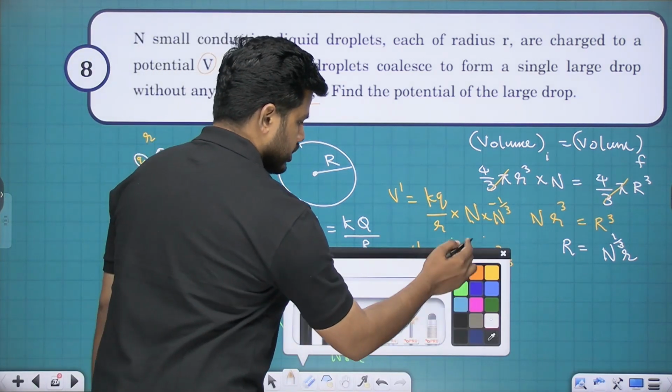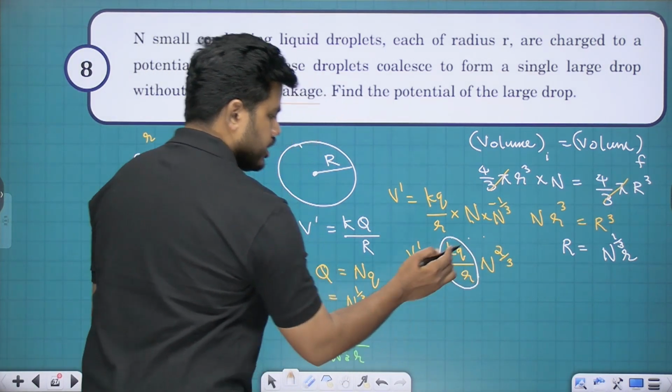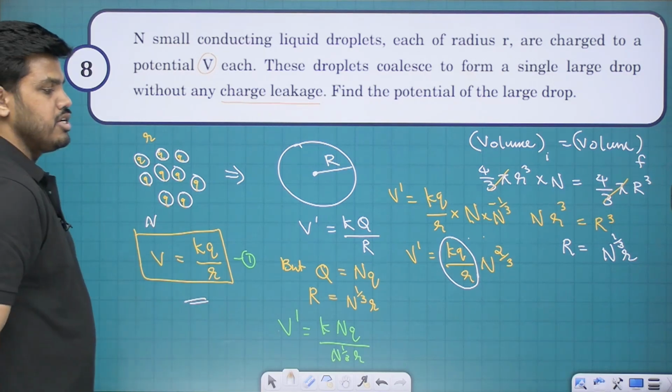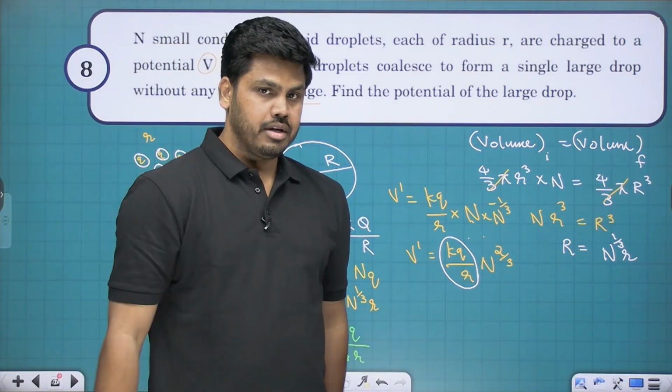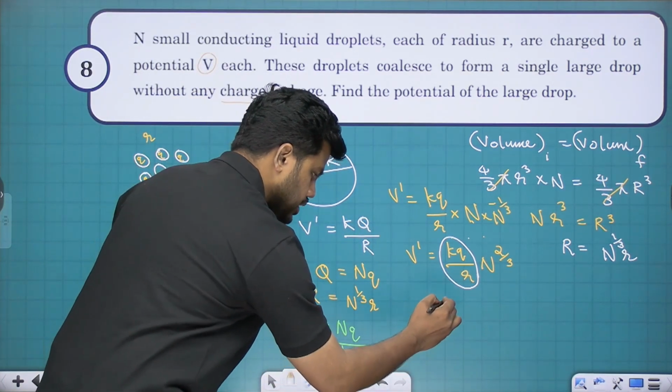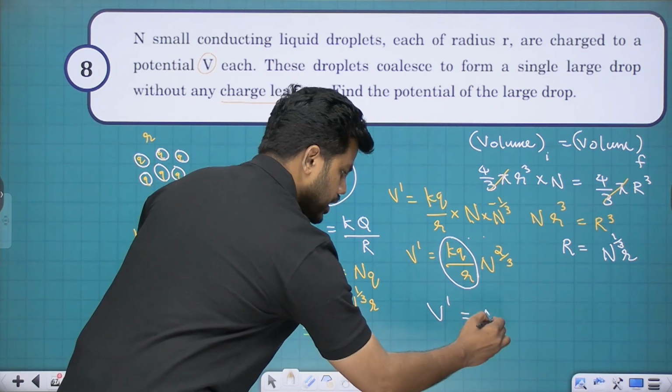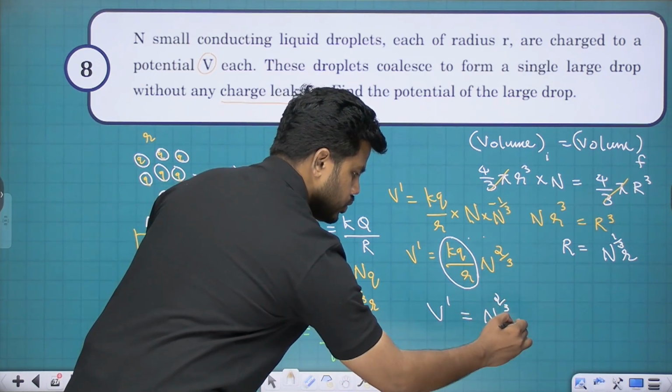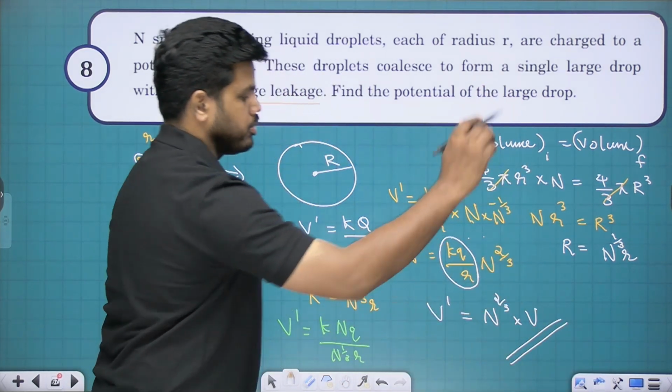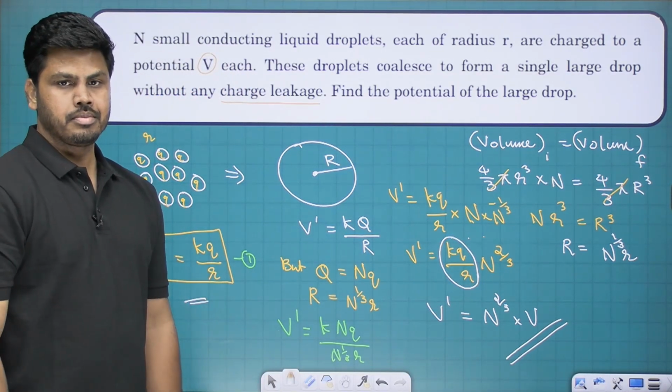Using equation number 1, kq/r is the potential on each small drop. So the potential of the big drop is n raised to 2/3 into the potential of each small drop. That's the relation.